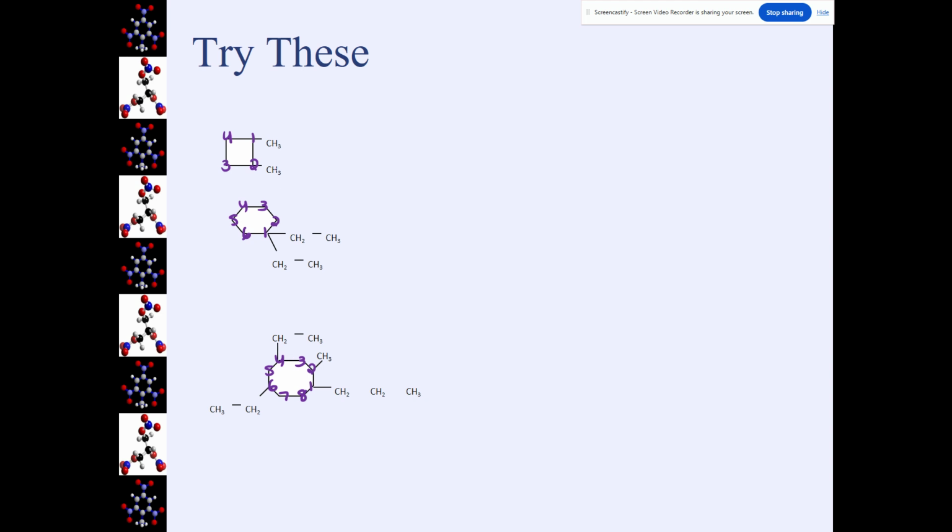Obviously, the first two are pretty straightforward. I have 1,2-dimethylcyclobutane. Pretty straightforward. The second one is 1,1-diethylcyclohexane. Those are ethyl branches.